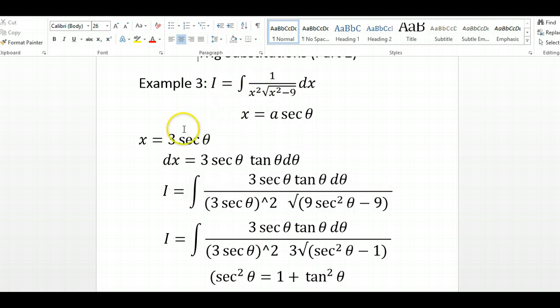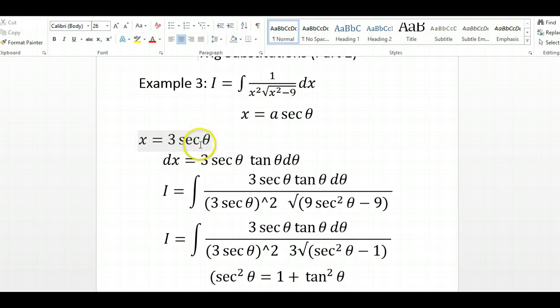And x squared will be 3 secant theta squared, and 3 secant theta squared would be 9 secant squared theta, since 3 squared is 9.